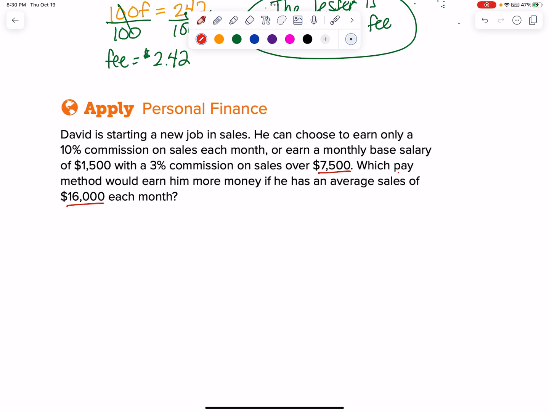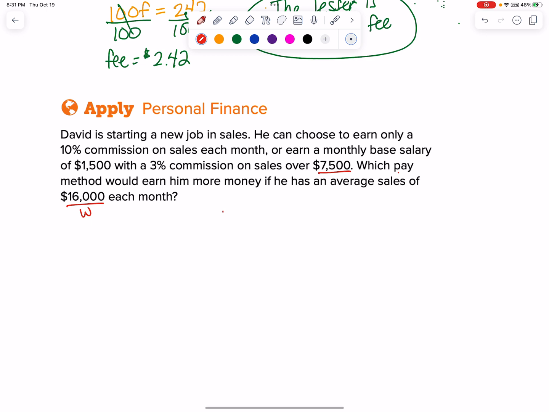My favorite way to do this is to just pretend it's me. So I just earned $16,000. This is sort of my OG, and that's my whole. That's my sales, typically $16,000. So option one is to just earn 10% commission on those sales.